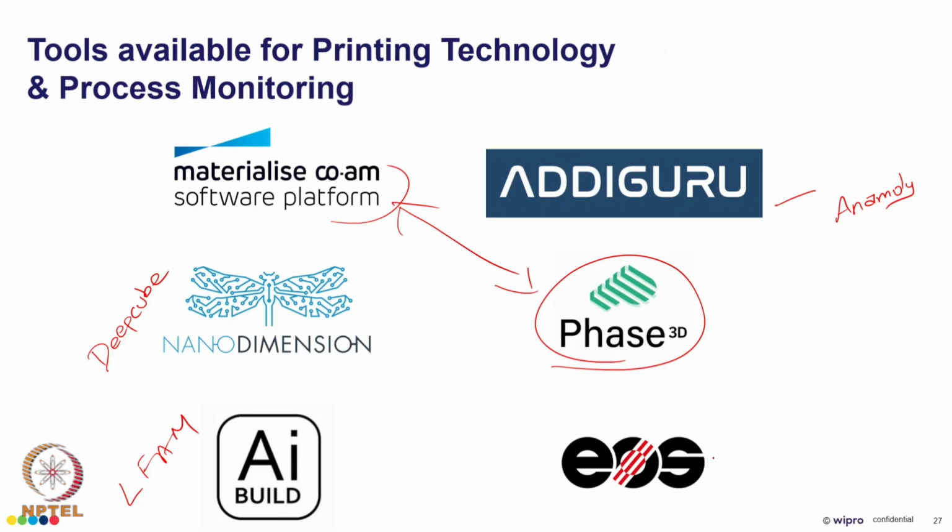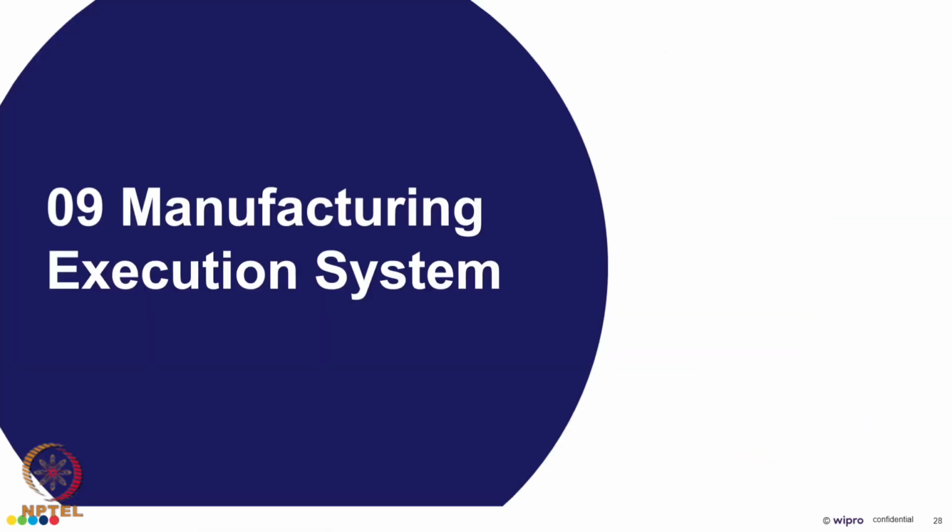And finally we have EOS, who is an OEM, and they have developed one software called Smart Fusion. This tool can interact with their machine, that means the EOS machine itself, and do the process monitoring.